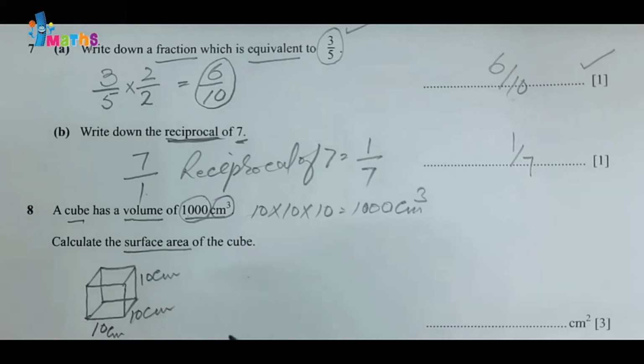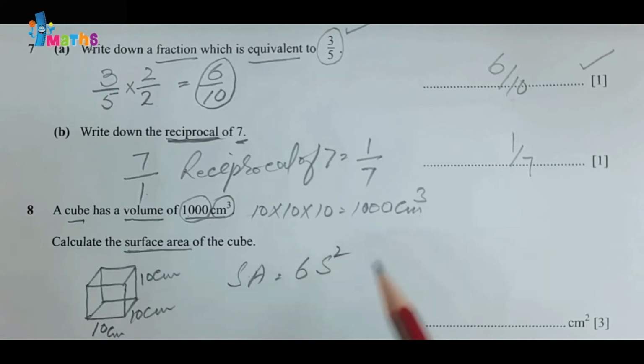Now the formula for surface area of a cube is equal to 6 into side square, s square. So s in this case is 10. So we'll replace the value of s. So we will get 6 into 10 square. Always replace values in brackets.